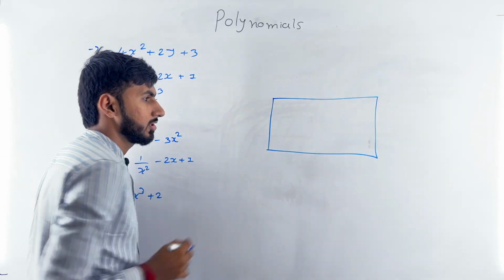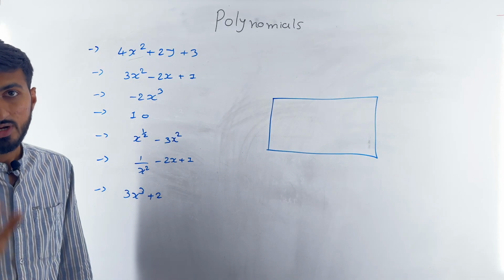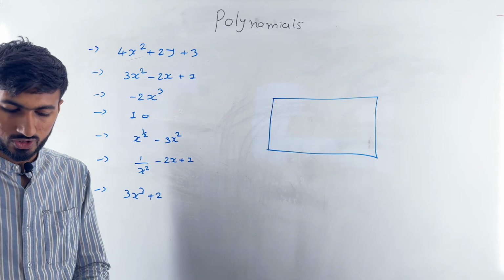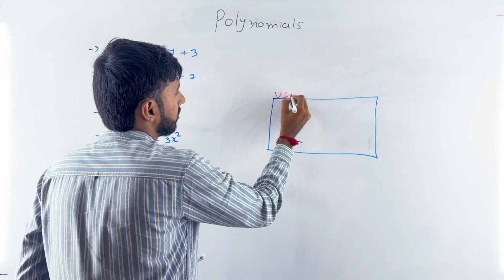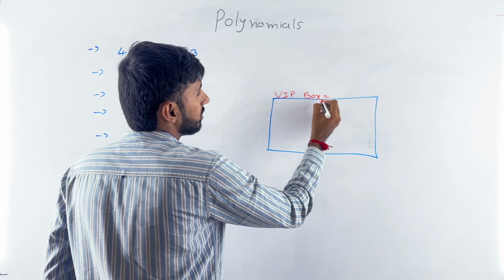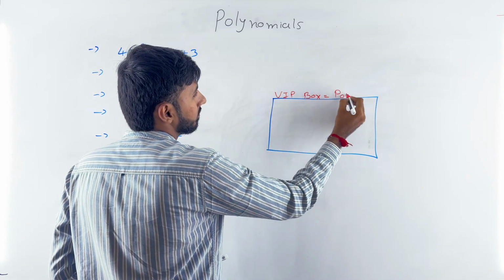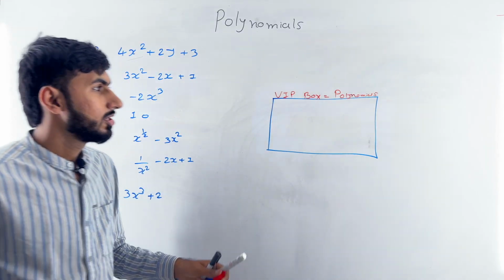Let's say there is a big party where any algebraic expression can come. Now in this party there is a VIP box. There is a VIP box, and in this chapter, this VIP box is the polynomial. Right?